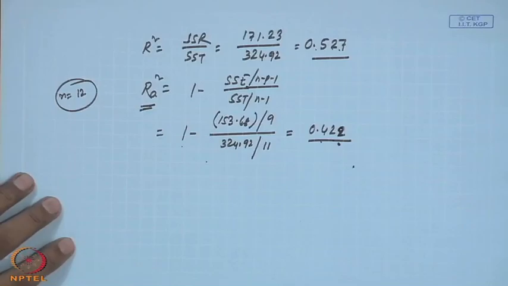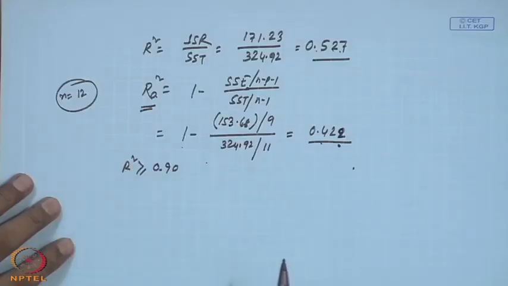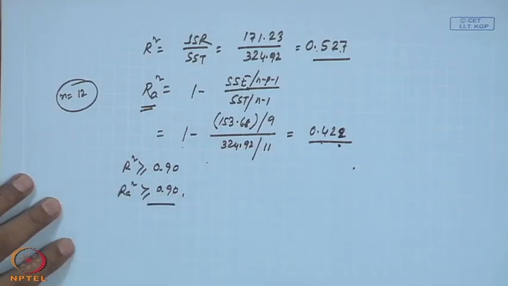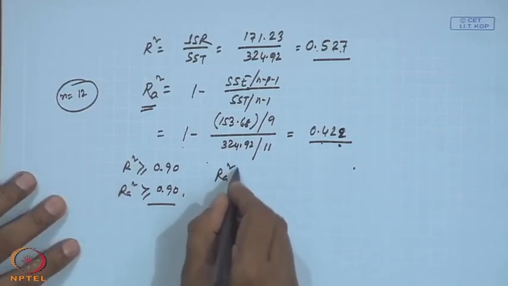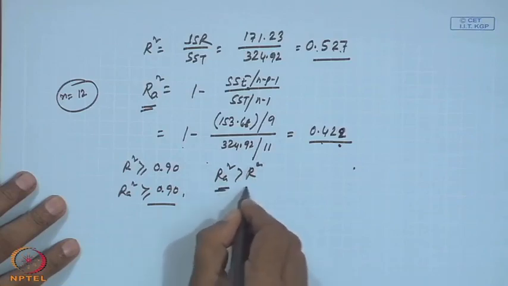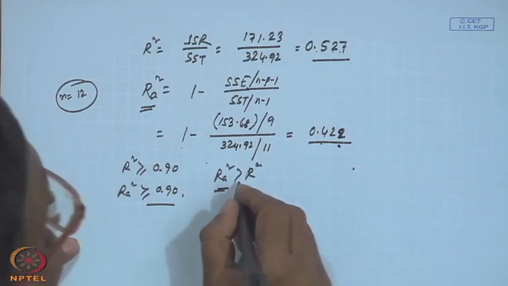Now, what can you conclude from this? Straightaway you can say that as R square is 0.527, this model is not fit. What I said, R square should be greater than or equal to 0.90. Similarly, adjusted R square should be greater than or equal to 0.90.